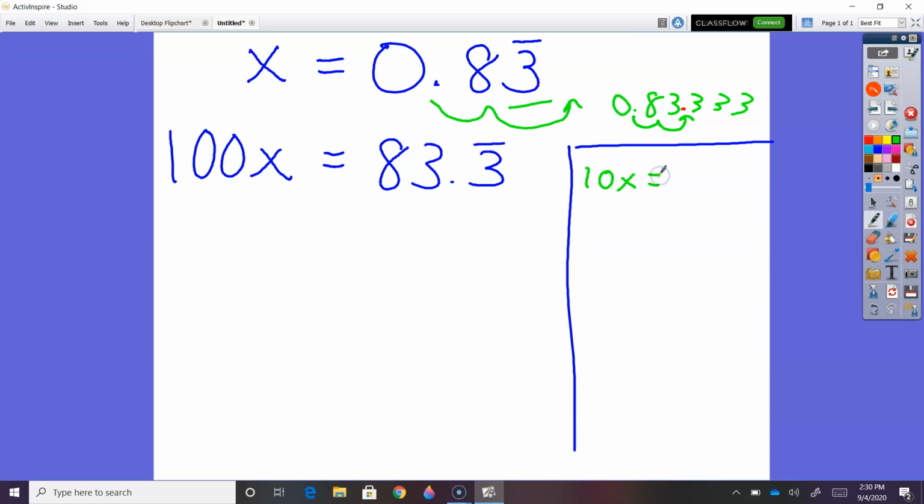So if I take 10x and move this number over, that means I'm going over 1 decimal place. So 10x is 8.3 repeating. Notice that 0.3 repeating. That's what we need to cancel out this 0.3 repeating.